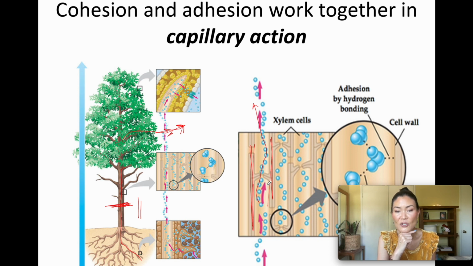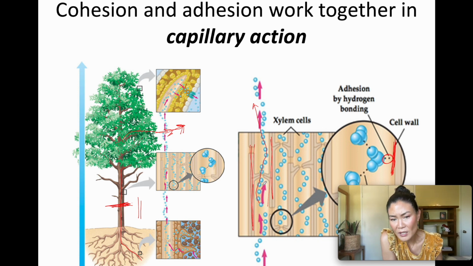So the water is attracted to the xylem cell wall, the plant cell wall, the cellulose. You can see here the cell wall of this plant is also polar, and so water is going to form a hydrogen bond with the cell wall. So that's how water is attracted to the capillary tubes or the xylem tubes.